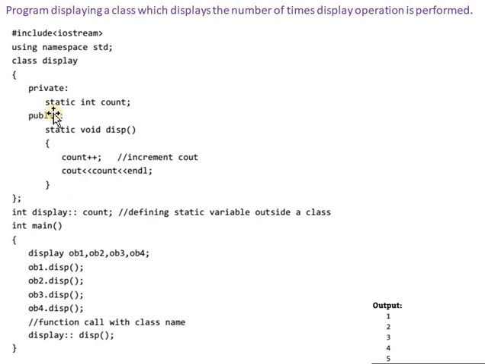Here the static data member is count and the static member function is disp. The static data member is first initialized to 0. You can execute this program and see the output. Here the statement count++ is executed when the disp function is invoked and the current value of count is assigned to each object.